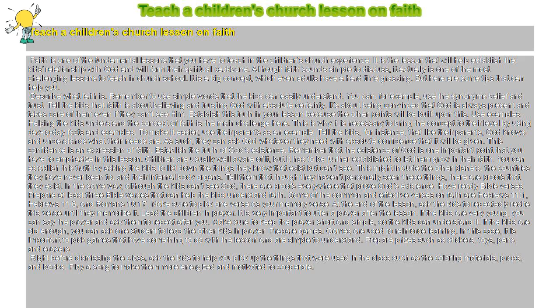Describe what faith is. Remember to use simple words that the kids can easily understand. You can, for example, use the synonyms belief and trust.